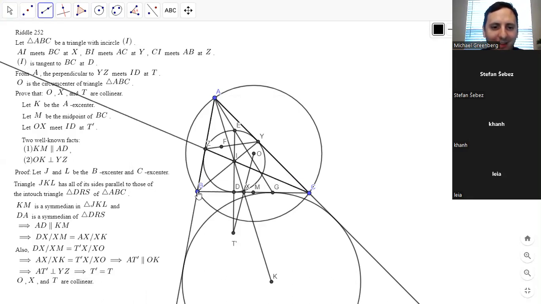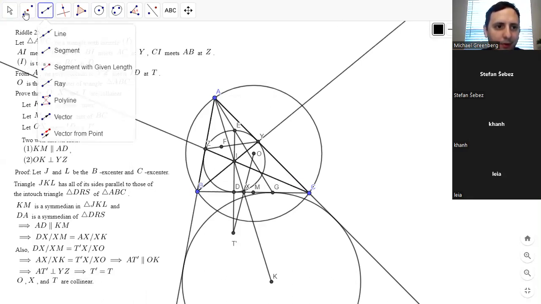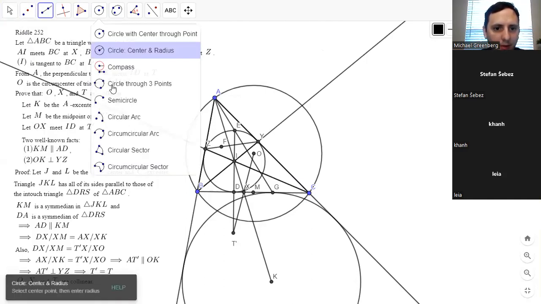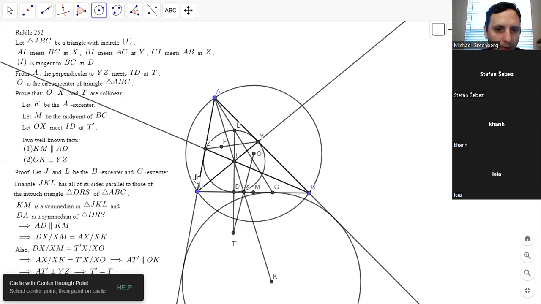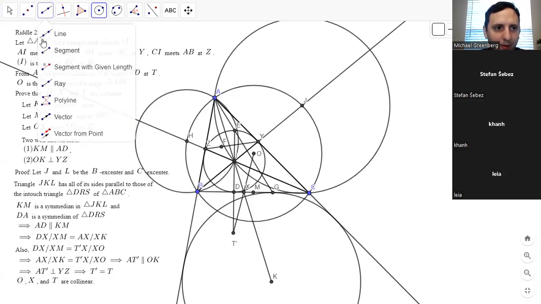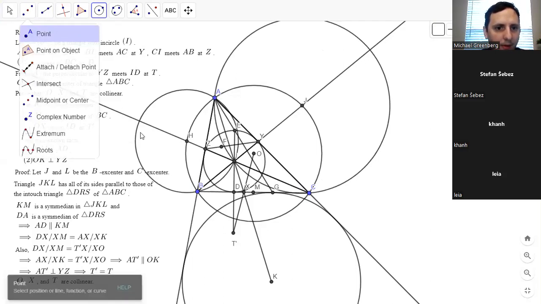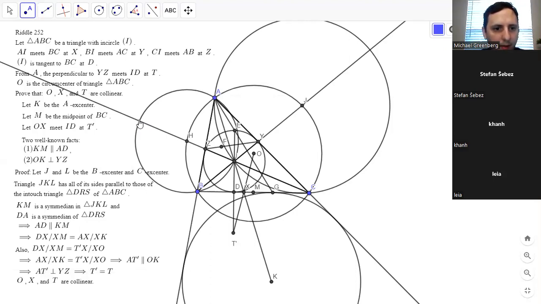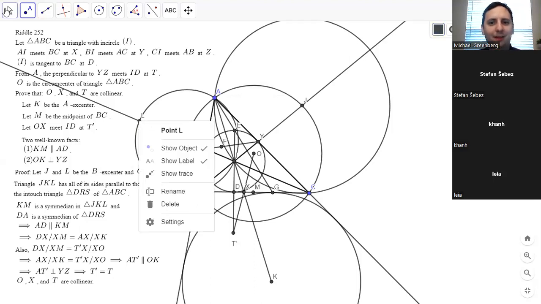I've been lazy, so let's see. I'm trying to draw it in the simplest way possible. So these are the two excenters. By the incenter-excenter lemma, this would be L. Oh, it already was L. That's nice.